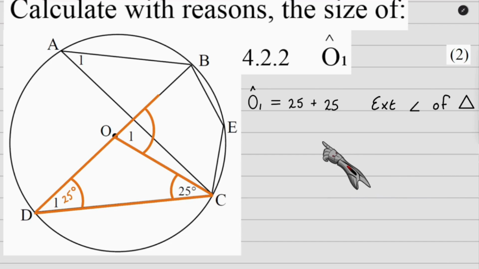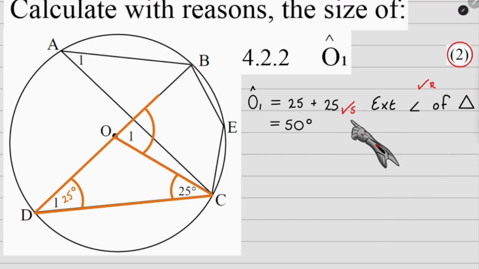So O1 is going to be equal to 25 plus 25 for the reason of exterior angle of a triangle. And 25 plus 25 will just give me 50. And yeah, let's have a look where the marks come from. So you're going to get 1 mark for your statement and then 1 mark for your reason.